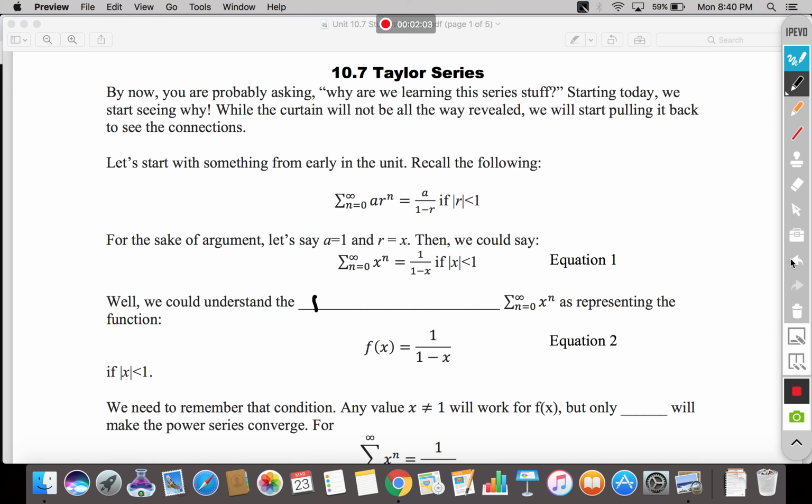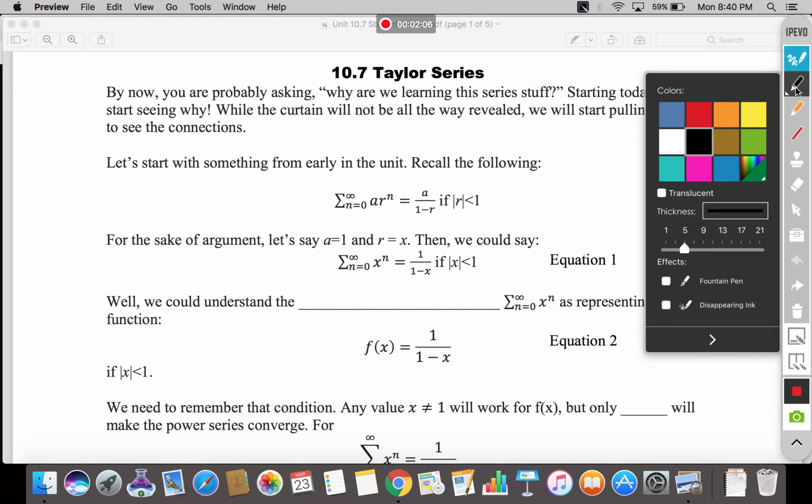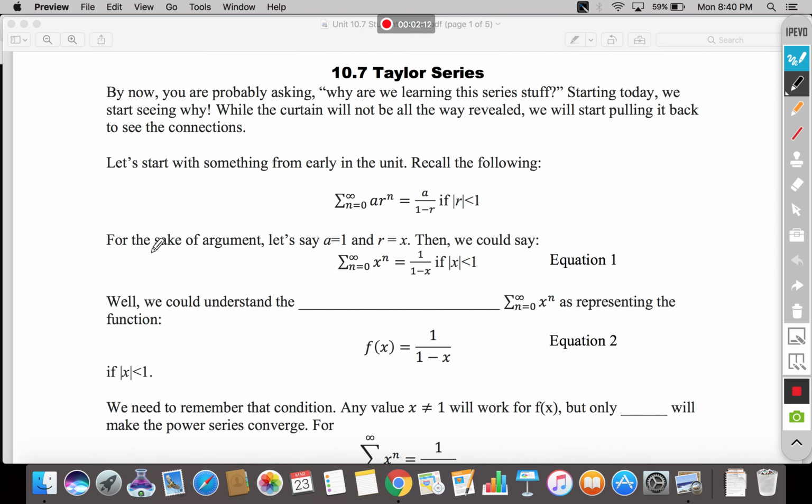Let me actually switch to a thinner pen here. We could understand this power series, that's what we call a power series, as representing the function written there. So this series is equal to 1 over 1 minus x if the absolute value of x is less than 1.